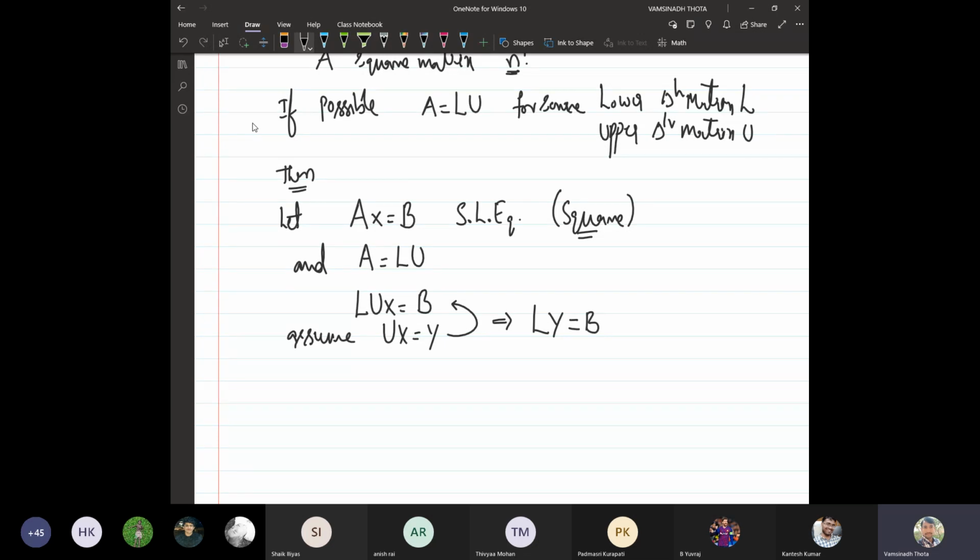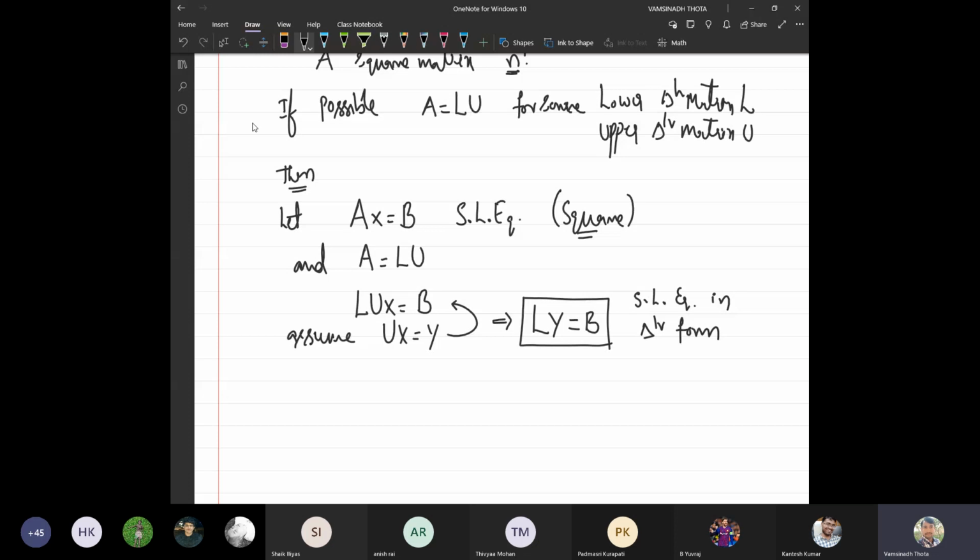Now what about this one? This is a system of linear equations again in triangular form. The coefficient here is a lower triangular matrix. As we have already seen, when the coefficient matrix corresponding to the system of linear equations comes in lower triangular or upper triangular form, then finding the solution is easy.